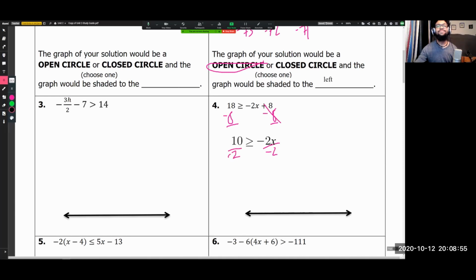Since I have divided by a negative, this greater than or equal to sign is going to flip. And now I have 10 divided by negative 2, and that's going to be negative 5 is less than or equal to x. And remember, it flips when we multiply or divide by a negative. We have divided by a negative. I'm going to leave this graph for you all to graph. I'm sure you can do that.